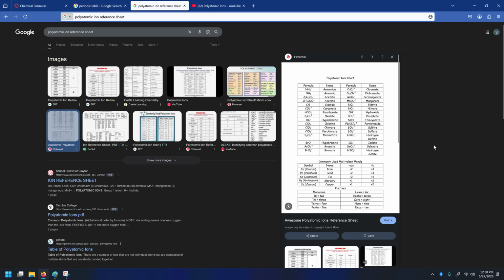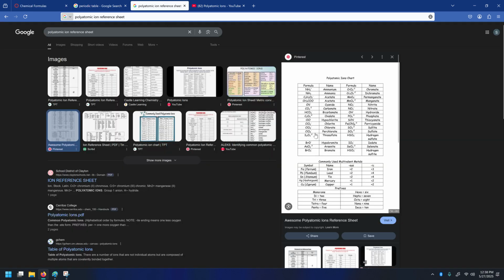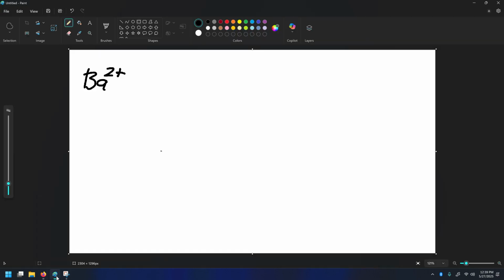Let's see if we can find a better one for you guys. Chlorate, right? Yes, this is a good one here. All right, so chlorate is ClO3 with a -1 charge. And so I'll head back over to my drawing here. We have ClO3 with a -1 charge.